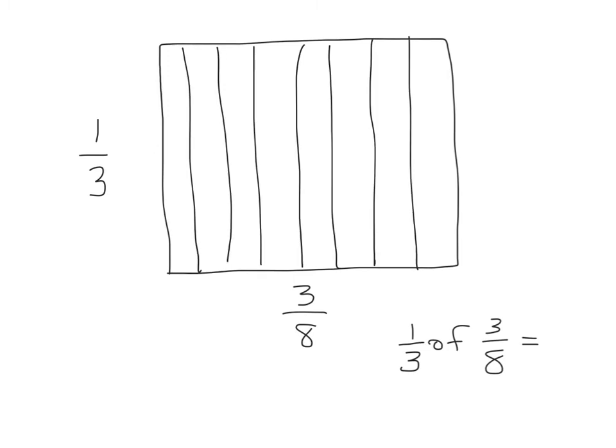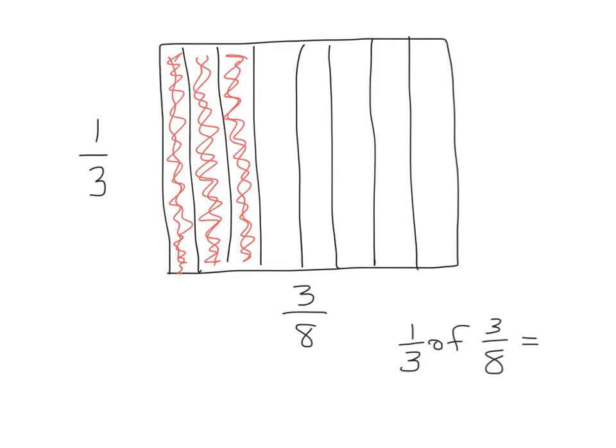So first you made 8 pieces and then you colored 3 of them. The other direction, we needed to have thirds. So I needed to make bars to make thirds. And of these 3/8 over here, I only want to take either this third or this third or this third. Just going to go ahead and take the bottom.